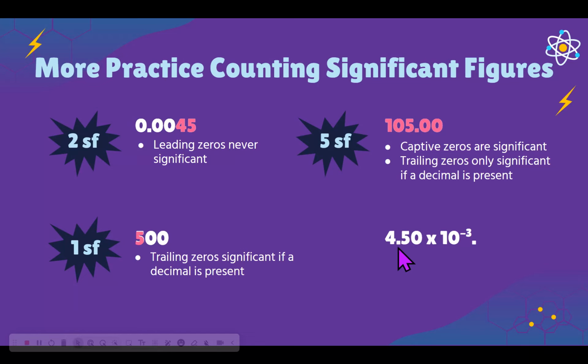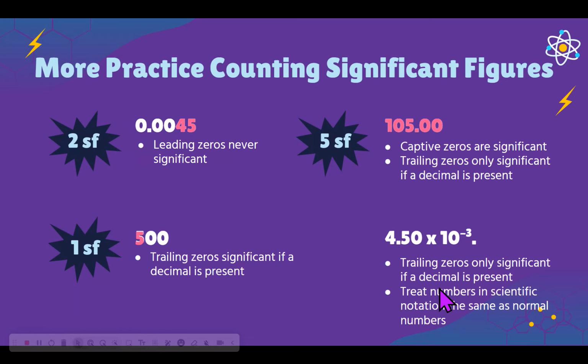So in this case, my base is 4.50. How many sig figs in that number? Well, we have a trailing 0 with a decimal, so that is significant. So in this number, we have 3 sig figs. Okay, so with scientific notation, you just kind of ignore that end part with the exponent.